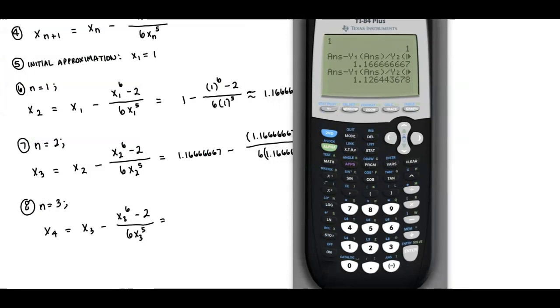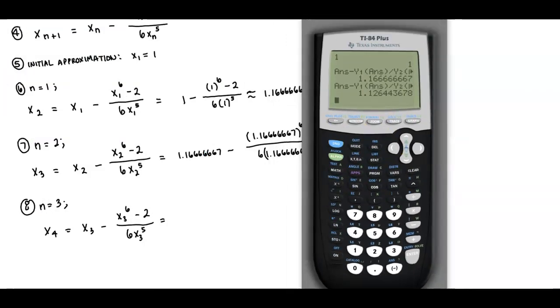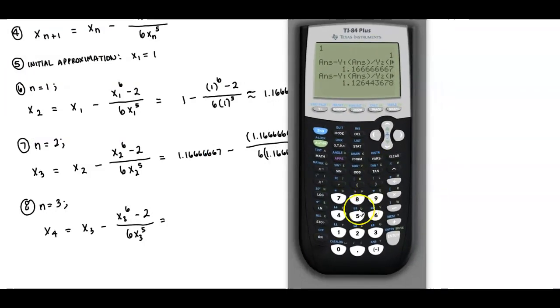At this point, we're going to go ahead and store the answer. So second answer minus vars, go to your right, select the function, and select y1, and then parentheses, put in the answer as your input, and then divided by, go to vars again, Y-VARS, go to the function, and now go to y2, and again put the input, second answer, in parentheses.